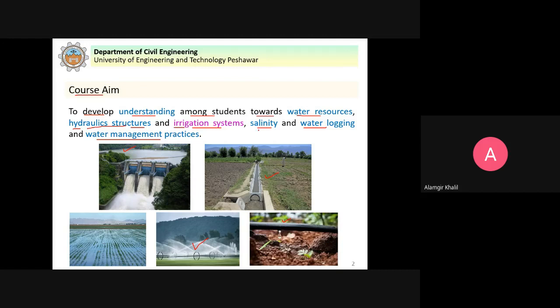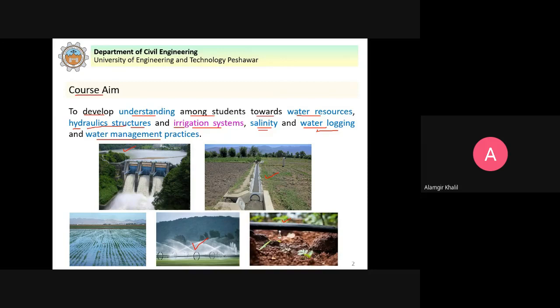Also, we will study about salinity and waterlogging. Salinity means the salts that we have in the soil that are undesirable for plant growth. What can happen is that the water table in an area can rise up to the earth's surface.